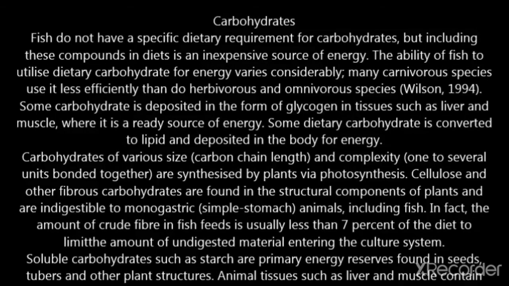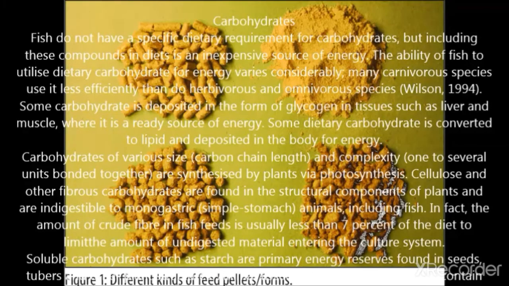The next point is carbohydrate. 10 to 15% carbohydrate in fish feed enhances the growth of fish through its protein sparing action. Cooked carbohydrate comes from the flour of corn, wheat and other cereals. It is a relatively inexpensive source of energy. This is all about carbohydrate.